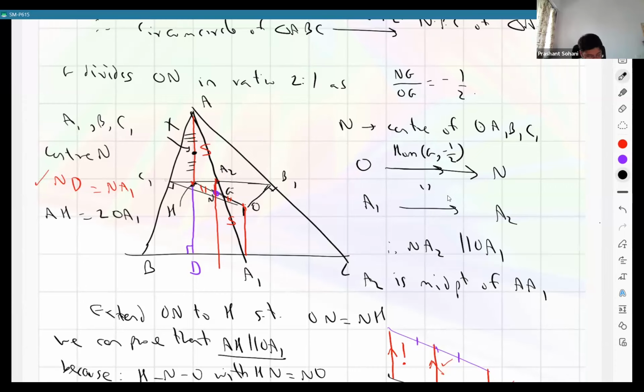Once we prove that, it will follow, because then X is going to form a parallelogram, right?